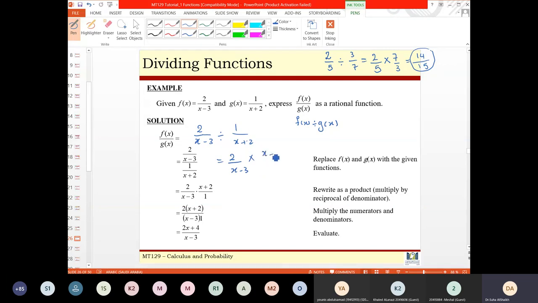So it will be x plus 2 over 1. You get it? Now I can simply multiply 2 times x plus 2 and multiply x minus 3 with the 1, and simplify it to 2x plus 4 over x minus 3, and this is the simplest answer.